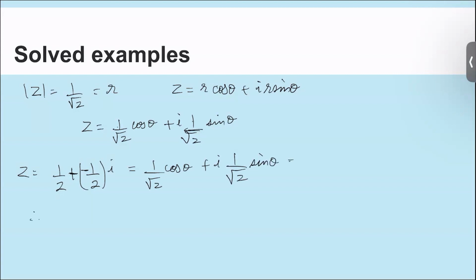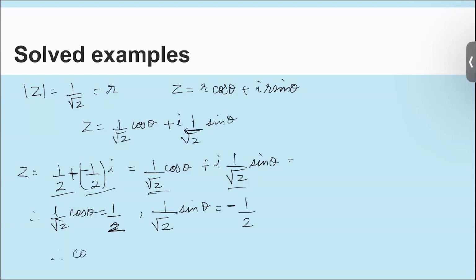Therefore, 1 by root 2 cos theta is equal to half. You equate the real parts and the imaginary parts. And 1 by root 2 sin theta is equal to minus 1 by 2.